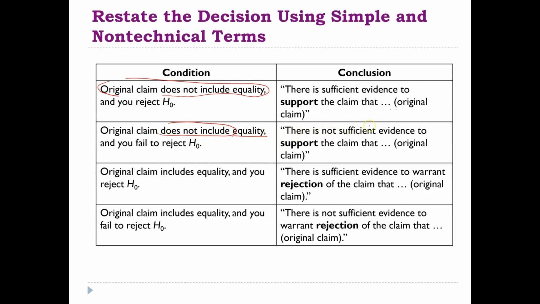There is not sufficient evidence to support the claim that, and we rephrase our original statement. Now that we're familiar with all technical terms and procedures, we're well prepared to put our knowledge in practice and test the hypothesis about the three population parameters: population proportion, P, population mean, mu, or population standard deviation.